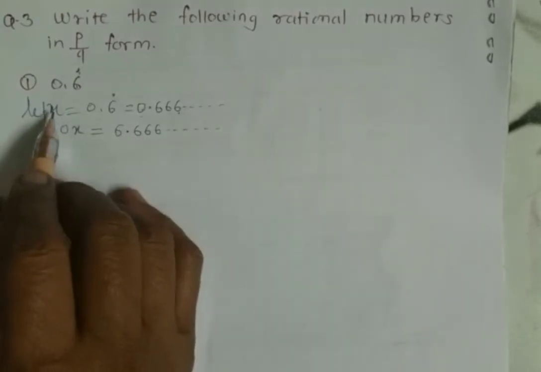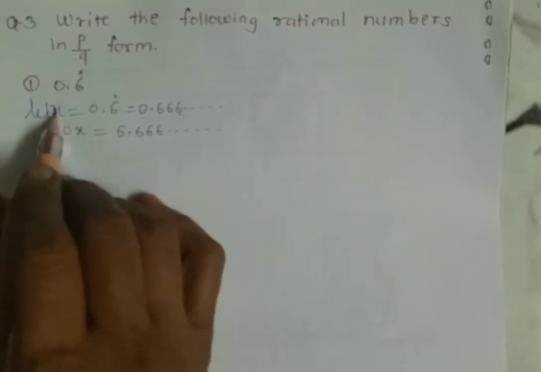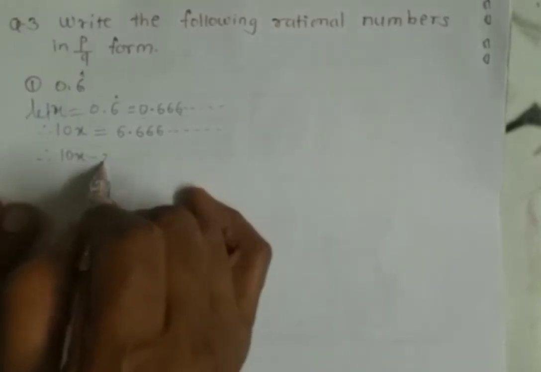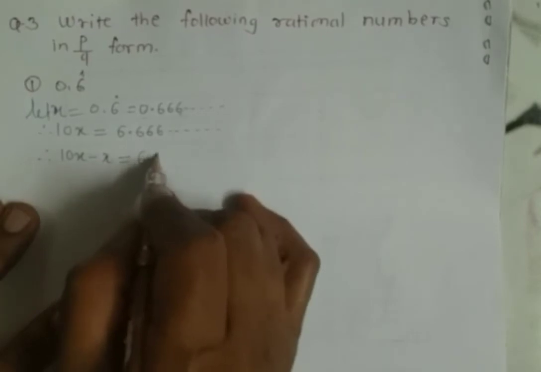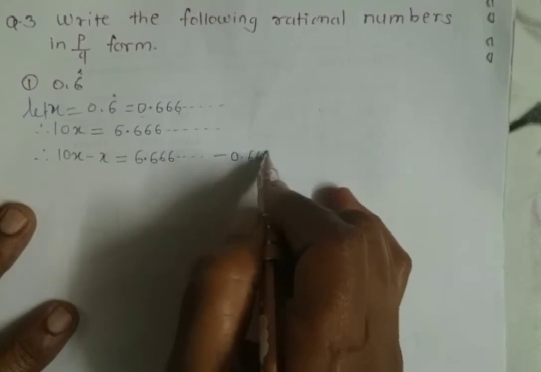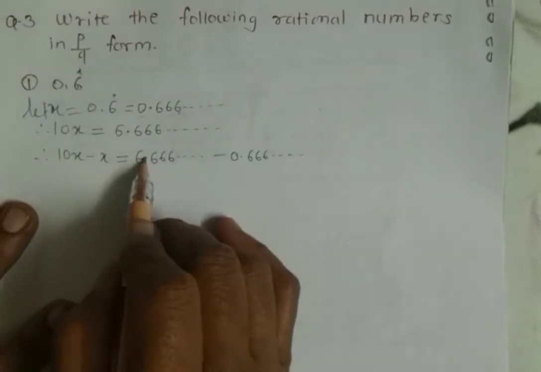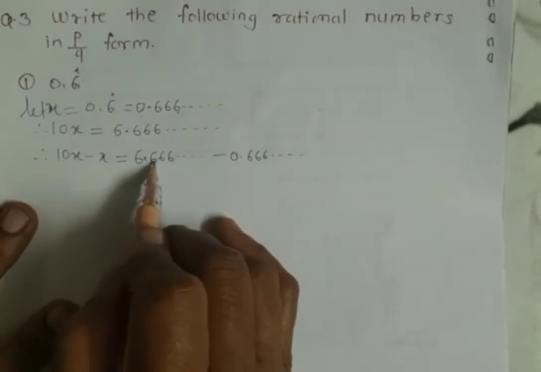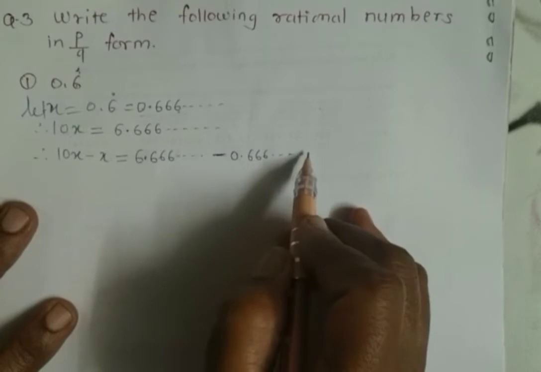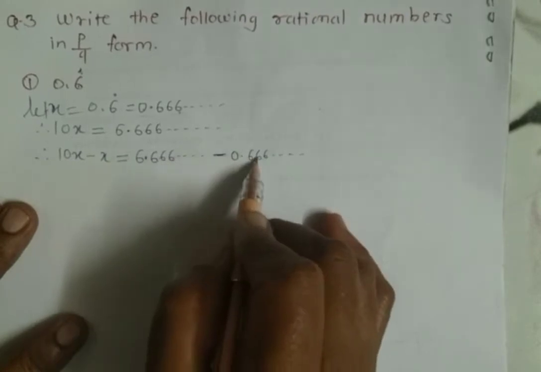Now here two statements are there: x is equal to this, 10x is equal to this. Now subtract this statement from this statement, so we get 10x minus x is equal to 6.666... minus 0.666.... Now see the right side of the decimal point: 0.666... minus 0.666... Right side is the same, so it becomes 0 because the same number is subtracted.